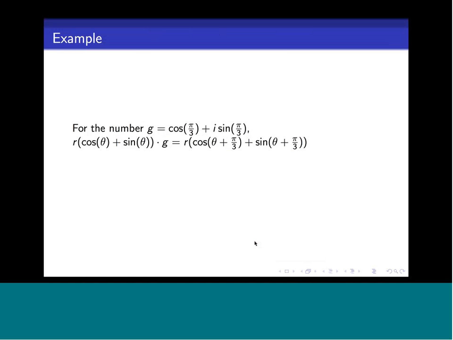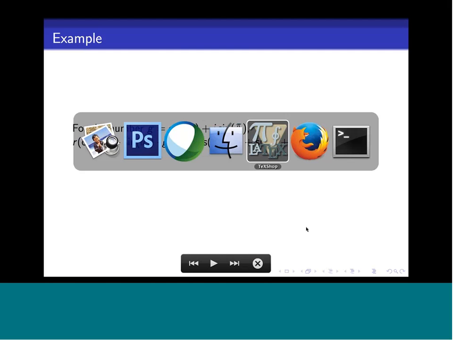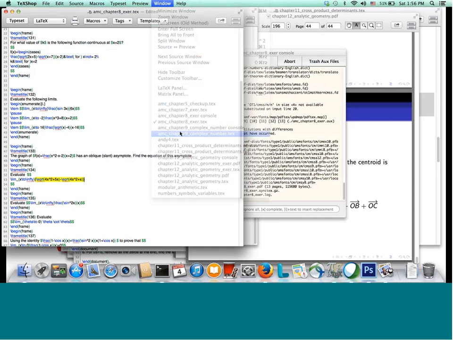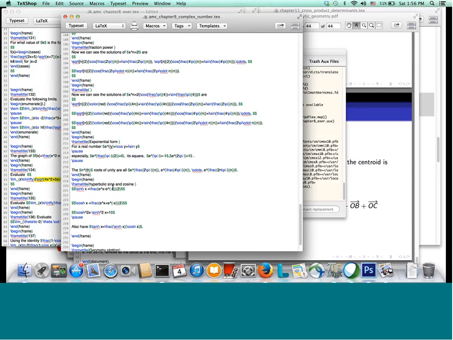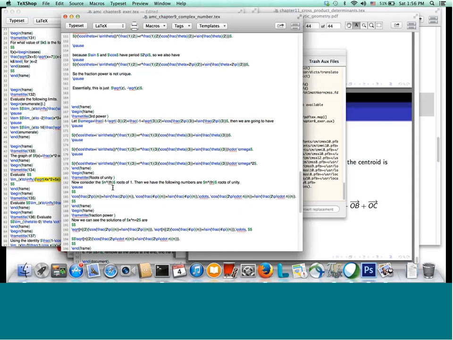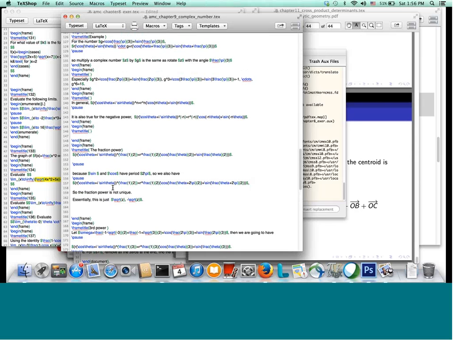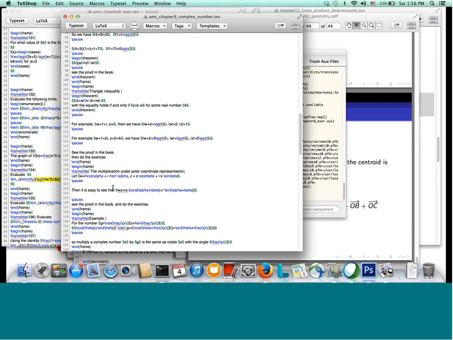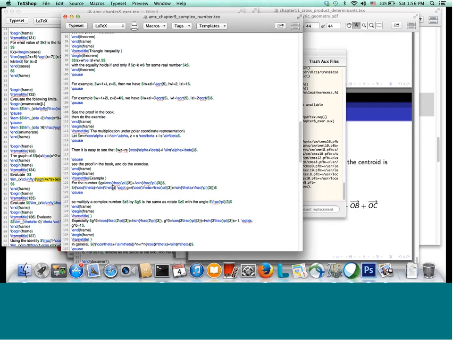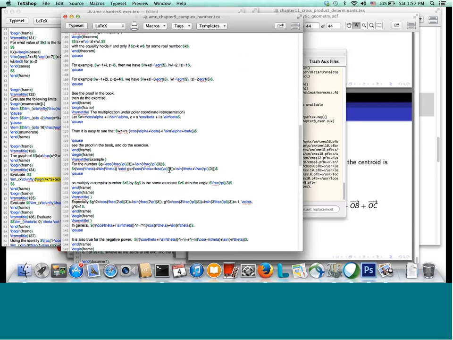So given any number R cosine theta plus, actually, it's misspelled here. I missed the I there. Let me change it.